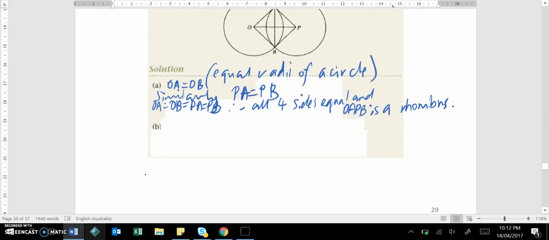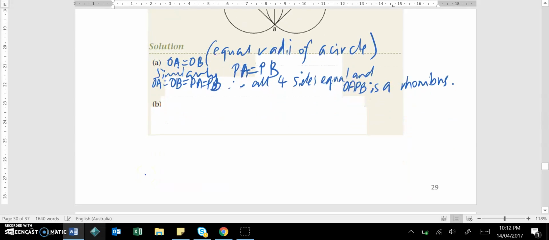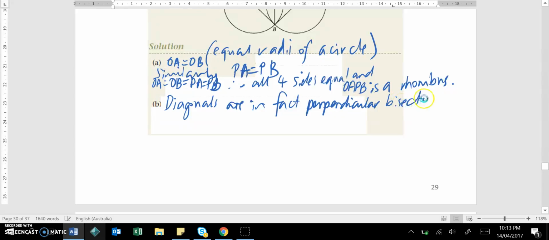Part B then asks you to show that AP is the perpendicular bisector of OP. So what you had to do there is write down, first of all, a property of a rhombus is that the diagonals are in fact perpendicular bisectors. So it's really important you know your properties of quadrilaterals.